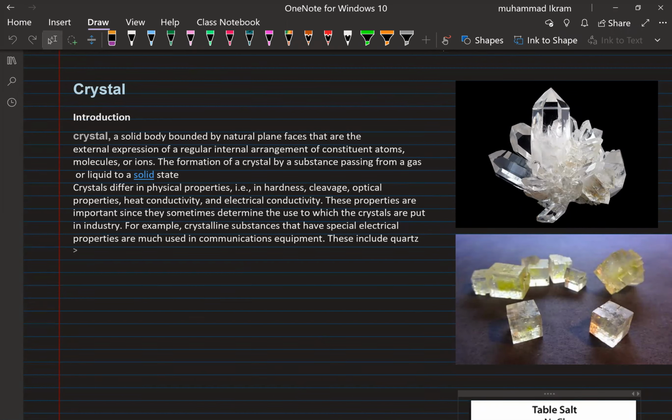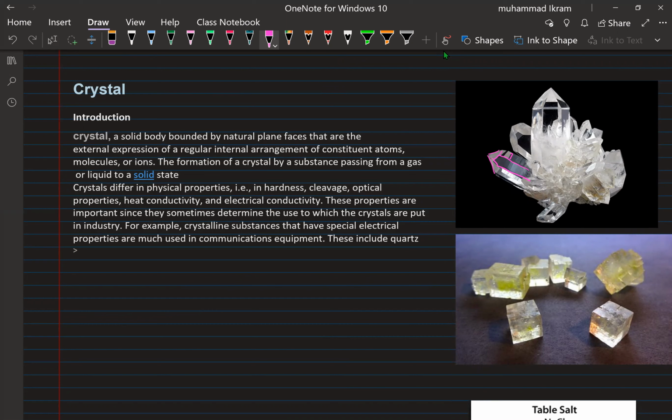A crystal is a solid body bounded by natural plane faces that are the external expression of a regular internal arrangement of the constituents such as atoms, molecules, or ions.